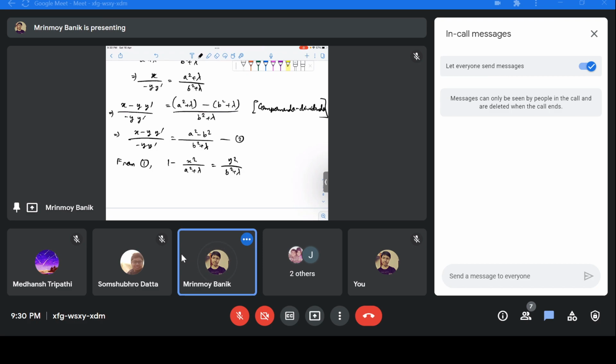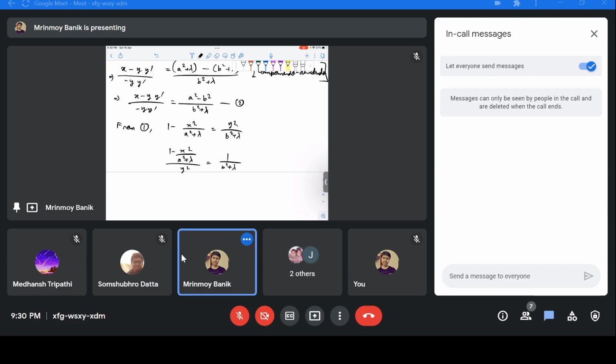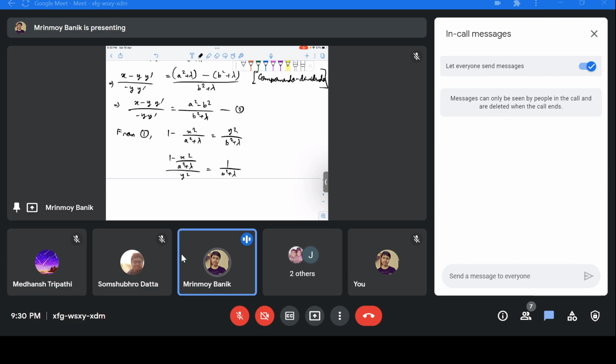So here, bring down y squared. That's not eliminating lambda.